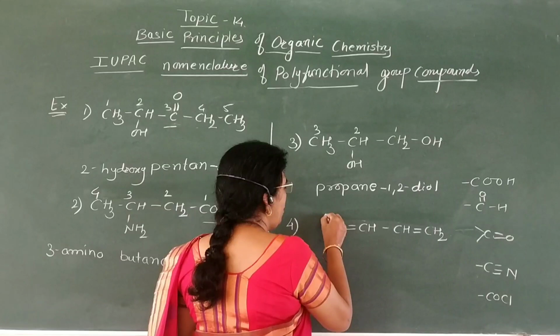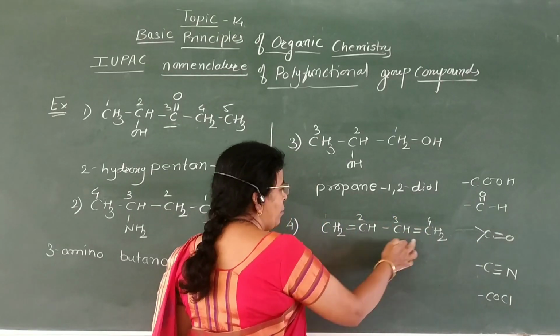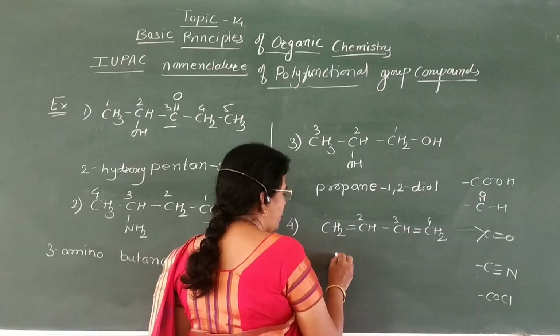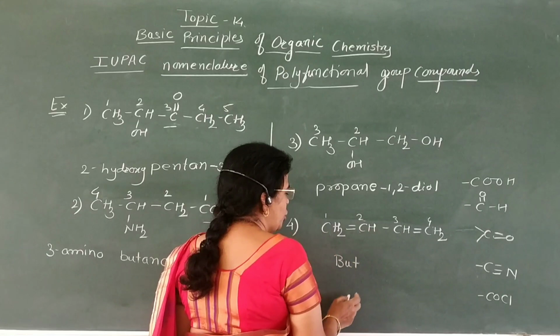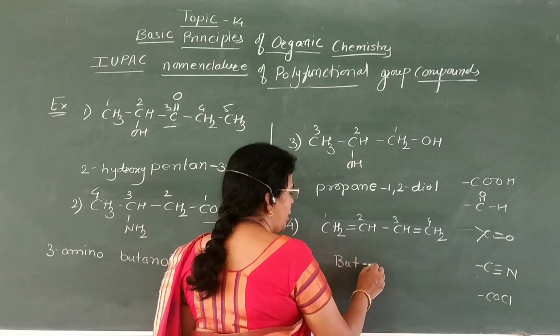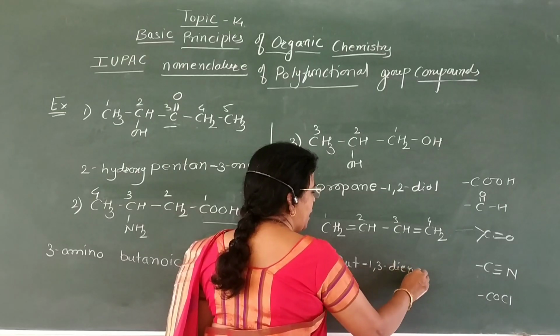Now last one. Now give numbering 1, 2, 3, 4. It is butane, but there are 2 double bonds, therefore it becomes butene. At 1 and 3 position there is double bond, therefore it becomes 1,3-diene.